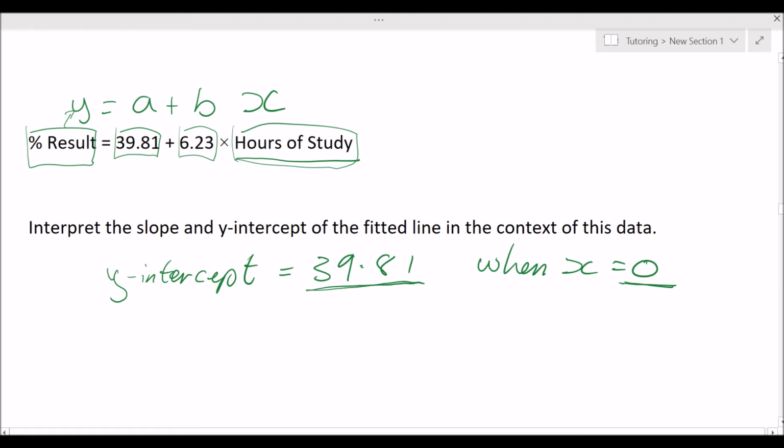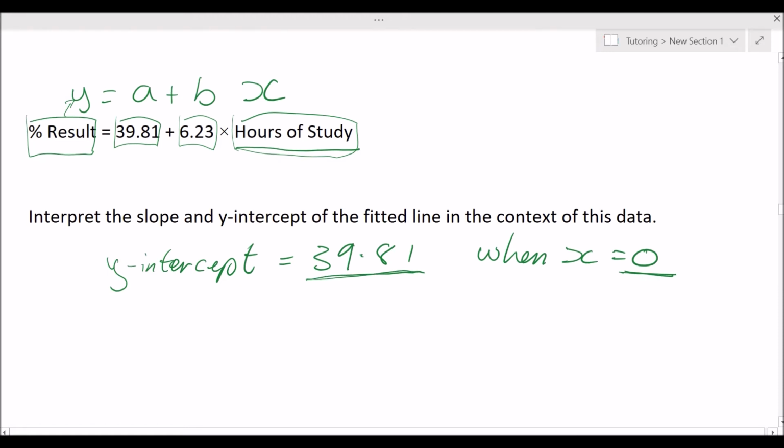Okay, now the slope tells us that for every 1 unit increase in x, y will increase, because it's positive, by 6.23. So what are our units for our x variable? Well, the units are hours. So for each additional hour of study, a person's result should go up by 6.23.